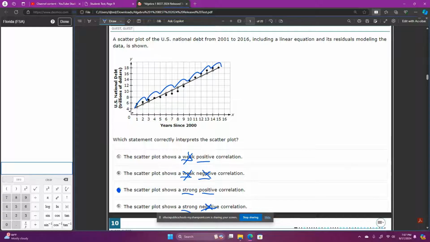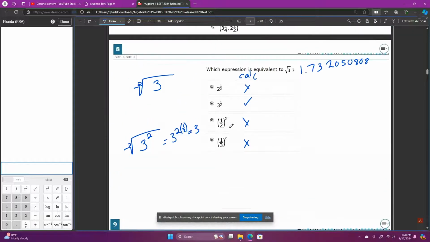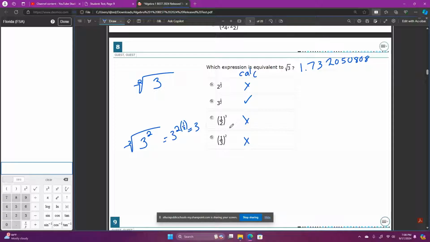And this question, 59% of students got this right last year on the Algebra 1 EOC. Extra practice for this in IXL is on lesson 8BS. And I think I forgot to say that for the last video. Question number 8, only 45% of students got that question right.